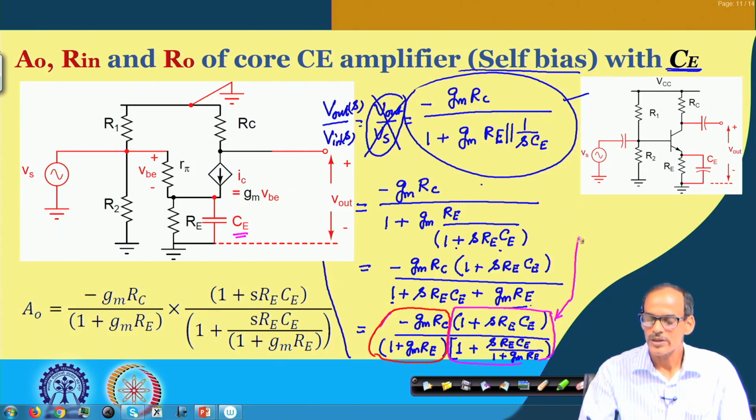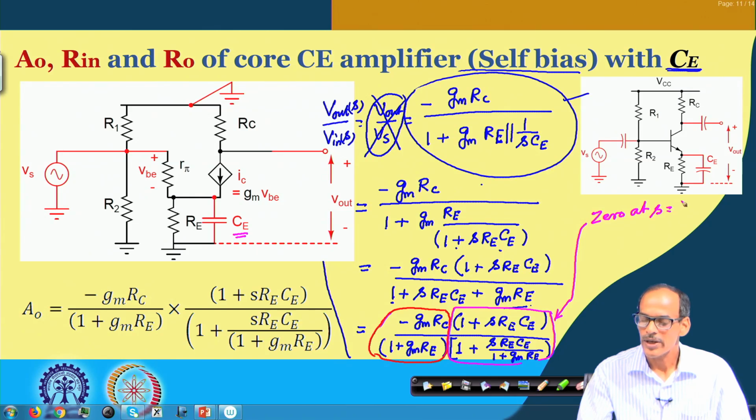Note that it has a 0 at S equal to minus 1 by Re into Ce, and also a pole at S equal to minus 1 plus Gm into Re divided by Re into Ce.